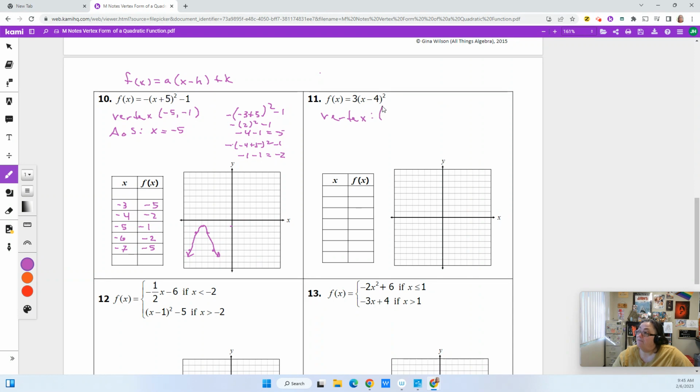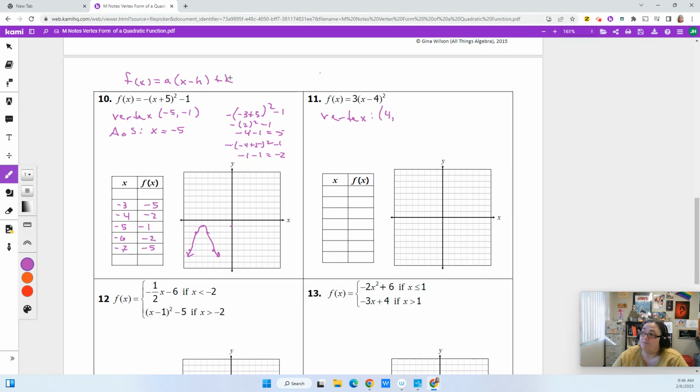When I'm looking at the vertex, I just know that it is going to be 4 for my x value, and then my y value is going to be 0. How do I know it's going to be 0? There's nothing plus or minus on the other side of that parentheses, right? There's nothing being subtracted. There's no k value.